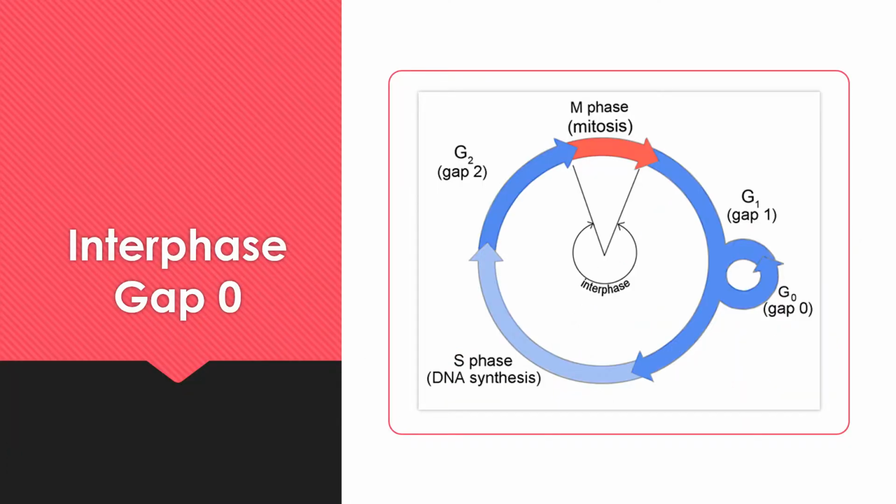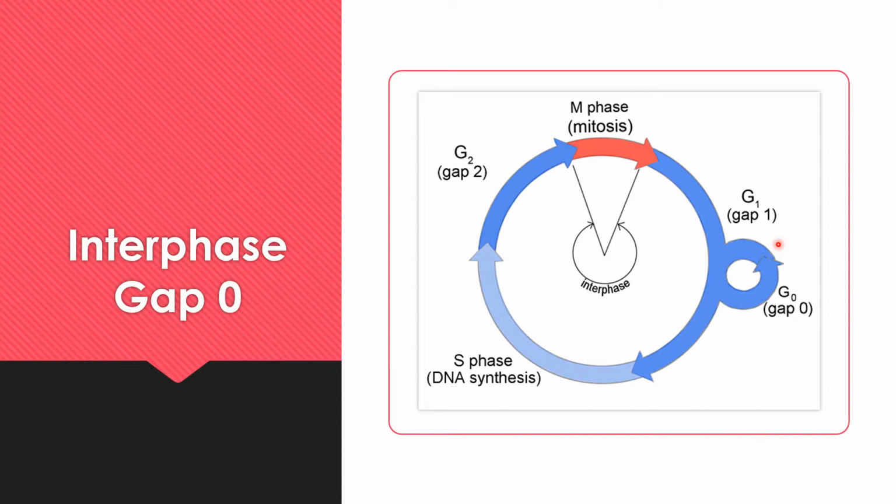Next is the interphase. So interphase was separated into 3 different phases, but we need to mention gap 0 so that we don't forget about it, because it does happen and there are cells that stay in gap 0. So interphase, of course, takes up most of the cell's life, and before we got into gap 1, I wanted to talk about gap 0.